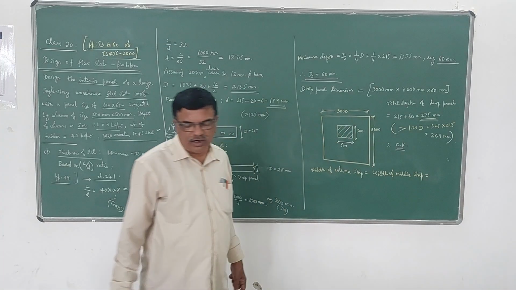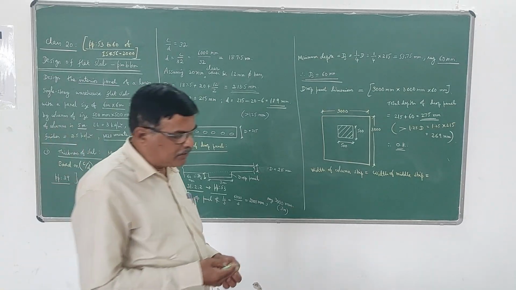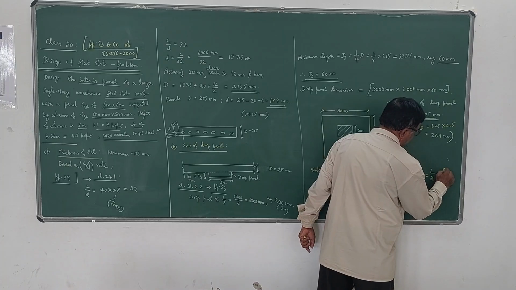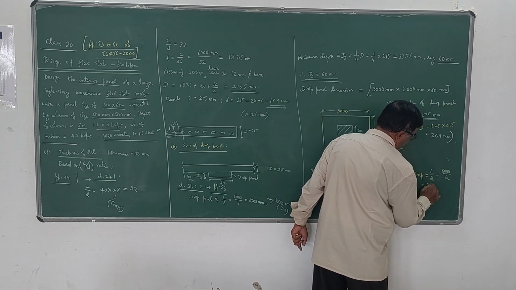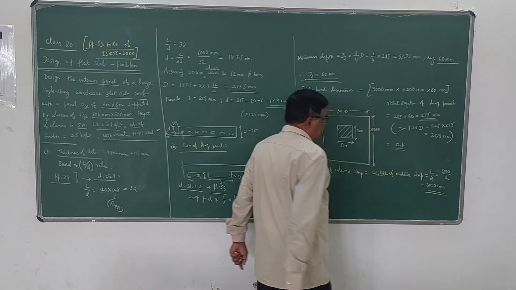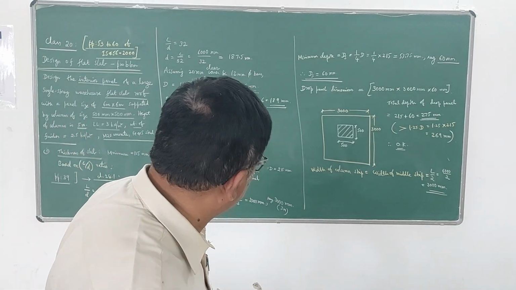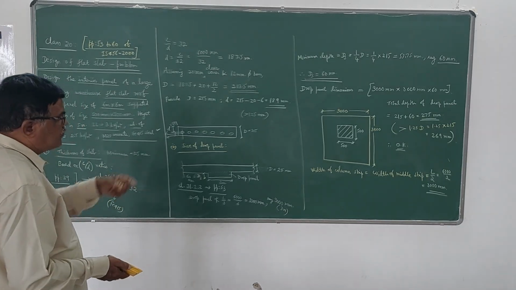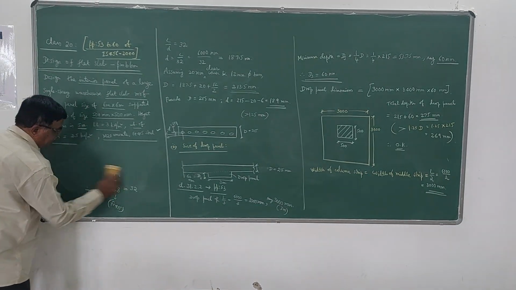So width of column strip and middle strip, you can take it as L by 2, that is 6000 divided by 2, 3000 mm. So 3000 mm is the width of column strip and middle strip. About this, I have explained in the last two lectures how we had to take that.